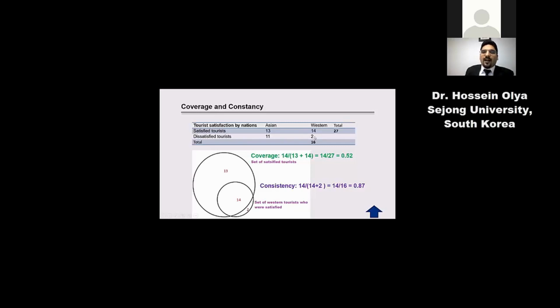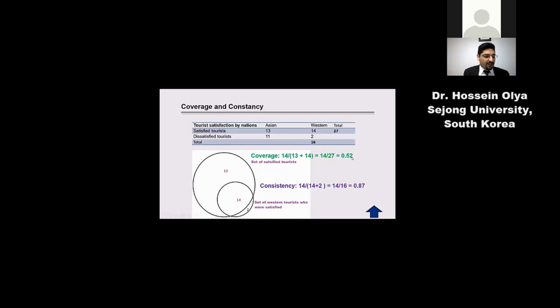So, what is the coverage of the Western satisfied tourists? To calculate coverage, we divide the number of Western satisfied tourists by the whole number of satisfied tourists. So if you divide 14 by 27, which is the total number of satisfied tourists, you come up with 0.52. This is the coverage.